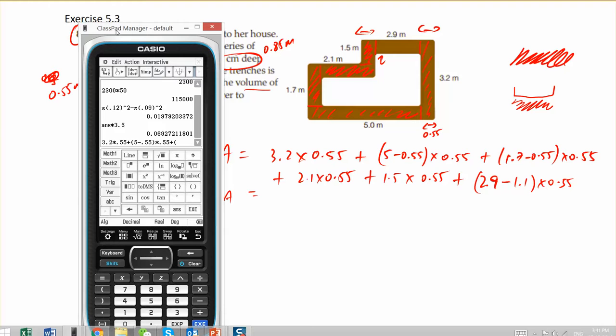Plus 1.7 minus 0.55 times 0.55 plus 2.1 times 0.55 plus 1.5 times 0.55 plus 2.9 minus 1.1 times 0.55.